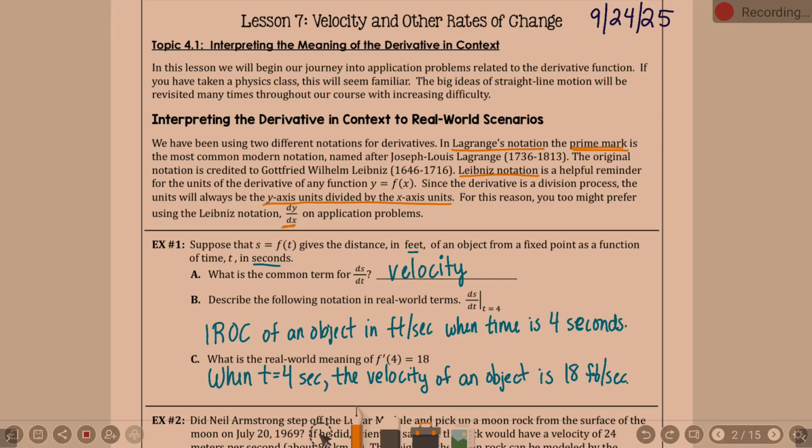I need you guys to understand that positive velocity tells me the object is moving away from a fixed point, okay, as opposed to negative, which is going to take it back to that fixed point. Well, technically, can it be negative if it's heading away from it in the other direction? Because you're not changing directions then.